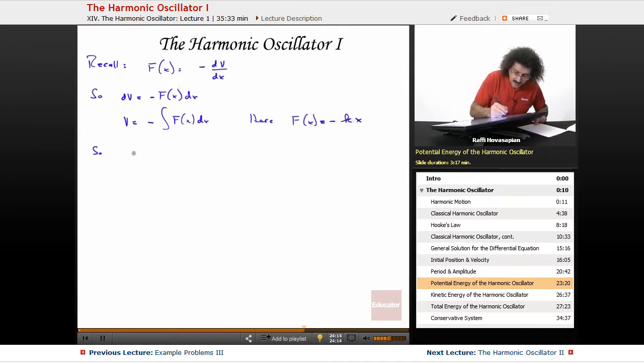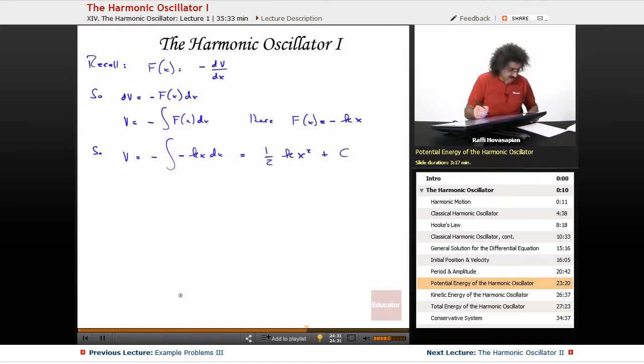So our potential energy is equal to minus the integral of minus kx dx, which means it's equal to 1/2 kx squared plus some constant. We can set c equal to 0. It's just the zero-point energy. So what we get is that the potential energy stored when I stretch or compress the spring is equal to 1/2 kx squared.